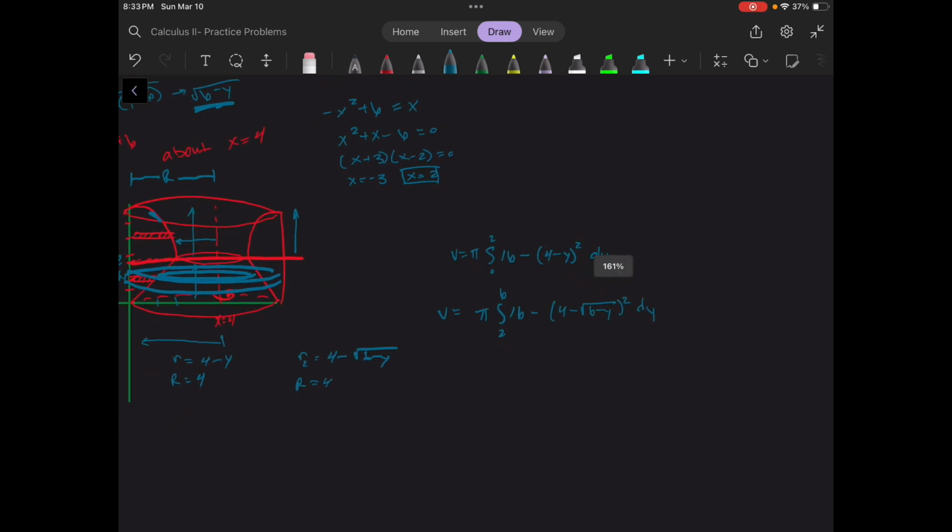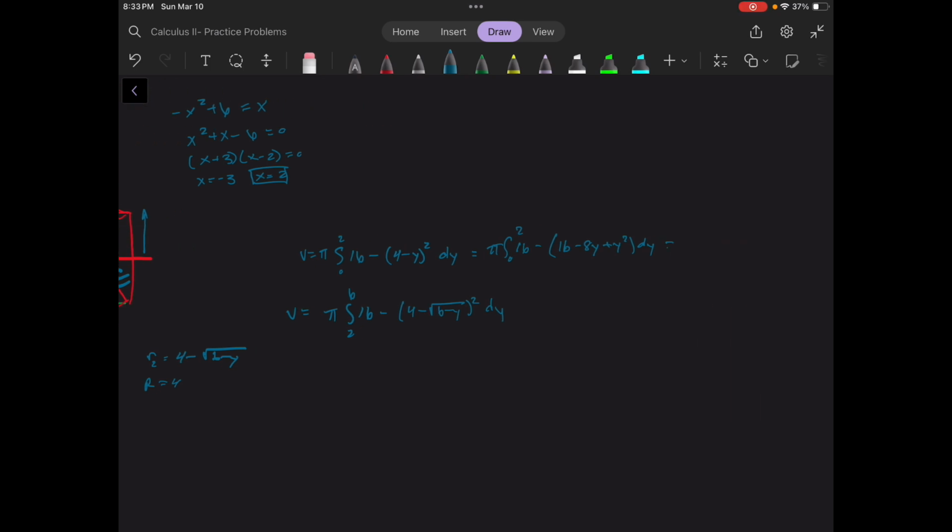And let's see what we can get. This one is going to turn into pi, 0 to 2. We have a 16 and a minus. This will turn to a 16 minus 4y and minus 4y, making minus 8y. Finally, we have a positive y squared. There's a dy.